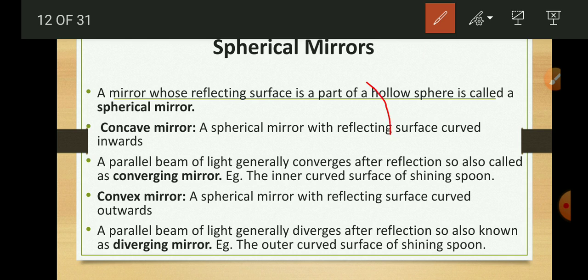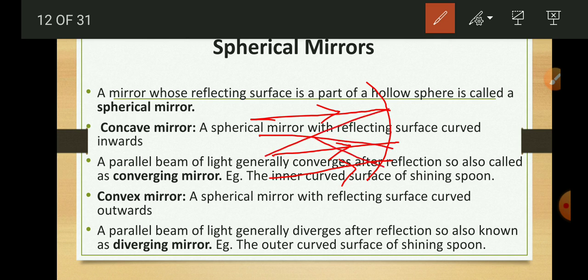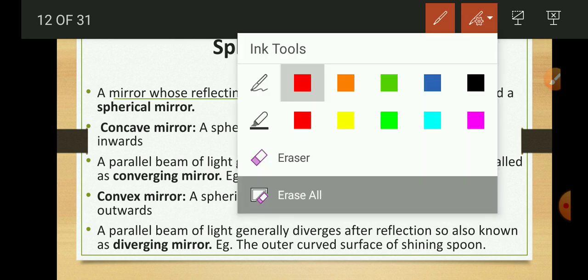When a parallel beam of light is incident on the concave mirror, after reflection it converges at a certain point. An example is the inner curved surface of a spoon. It is just like a concave mirror.